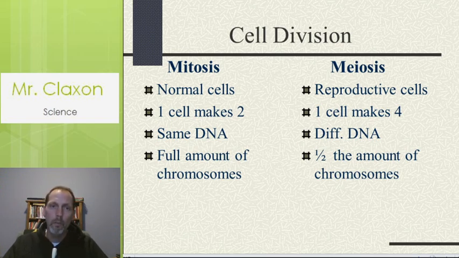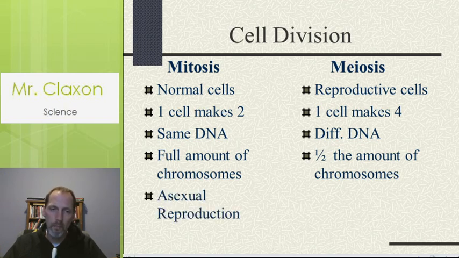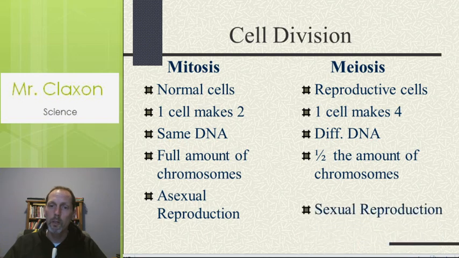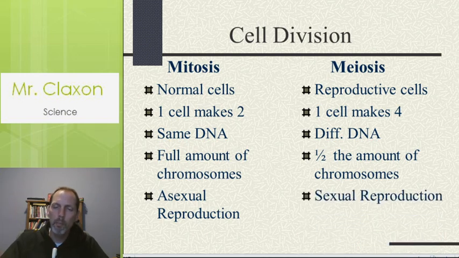So mitosis, they call this asexual reproduction because one cell divides into two all on its own. Meiosis, the whole purpose of that is to produce reproductive cells. So they call this preparation for sexual reproduction. So that's the difference. I hope that makes sense. If not, we'll try some other things to help you to figure that out.